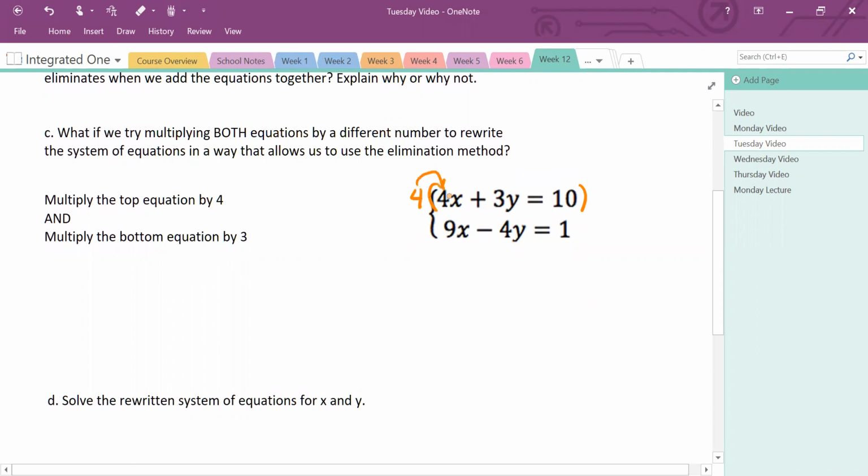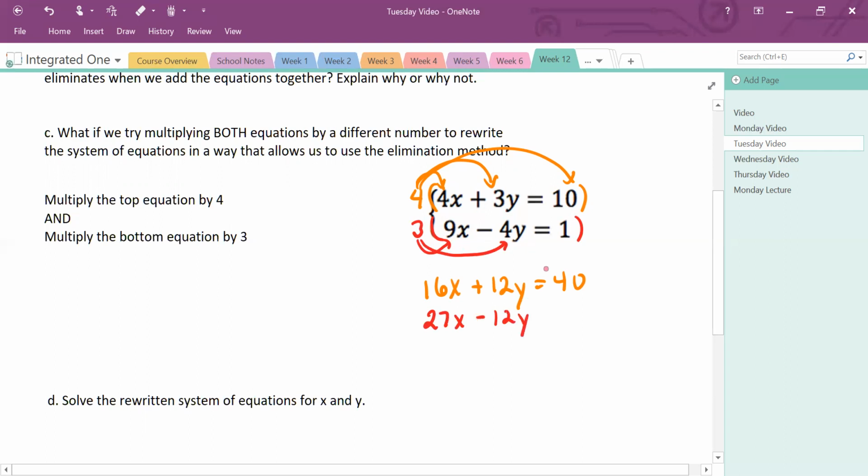4 times 4 is 16x. 4 times 3y is 12y, and 4 times 10 is 40. Now I'm going to multiply the bottom equation by 3. 3 times 9 is 27x. 3 times negative 4y is negative 12y, and 3 times 1 is 3.